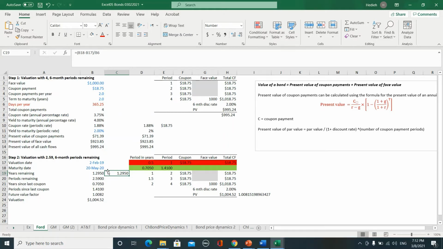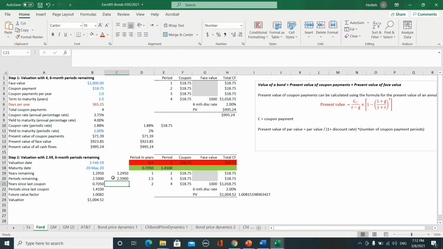This is how many years you have, but the cash flows happen every 6 months. Each year has two 6-month periods in it. So how many 6-month periods do we have? We should multiply this by 2. So you have 2.59 6-month periods till maturity.